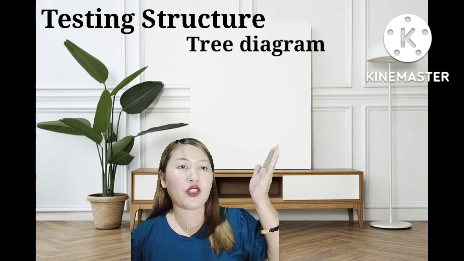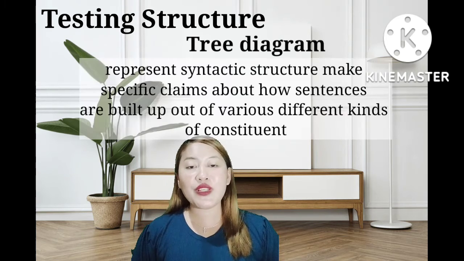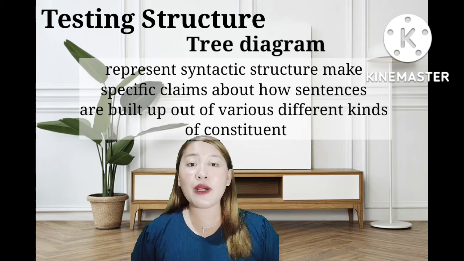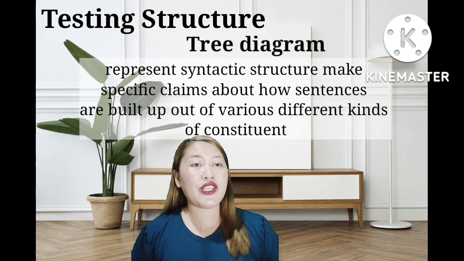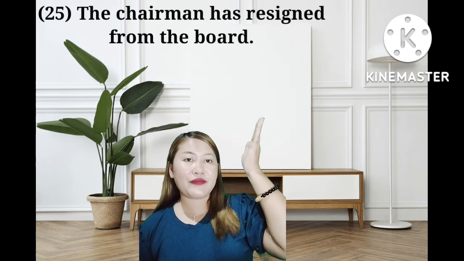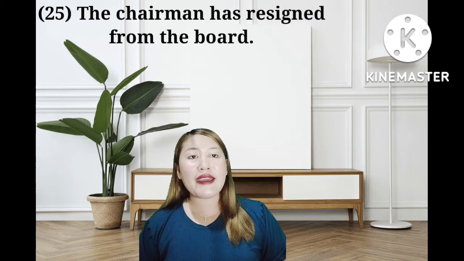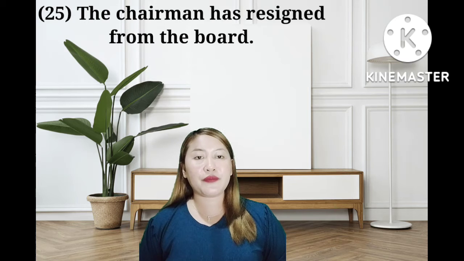The tree diagram, which we use to represent syntactic structure, makes specific claims about how sentences are built up out of various different kinds of constituents. In order to make our discussion more concrete, we'll look at how we can test the structure of the following sentence. Sentence number 25: the chairman has resigned from the board.